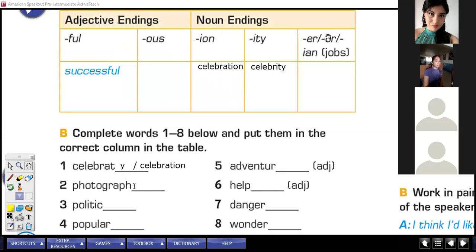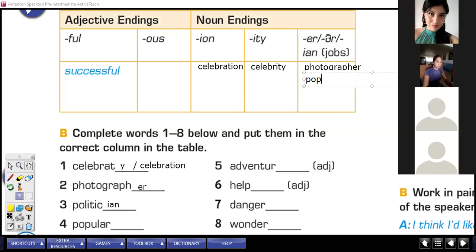Now, here we have photograph. Photographer. Yes. And then politician, that is here in ian. Popular, popularity.